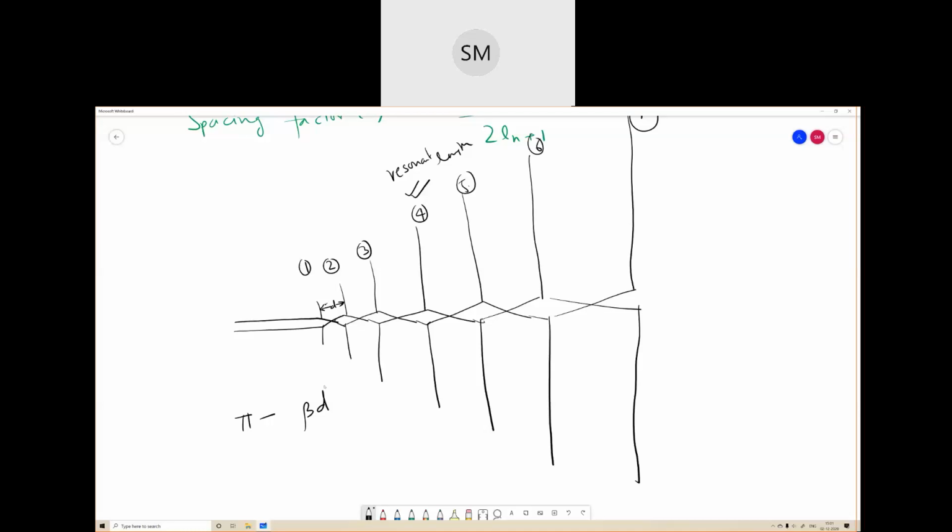The two subsequent elements, the phase difference would be pi minus beta d.